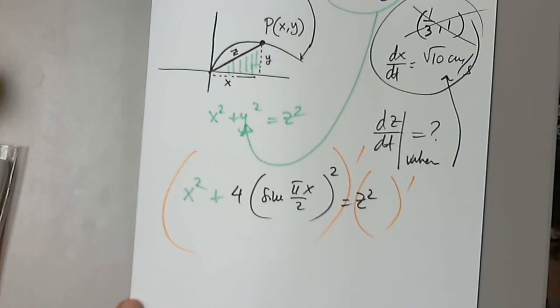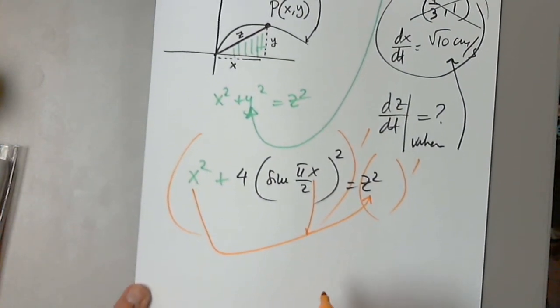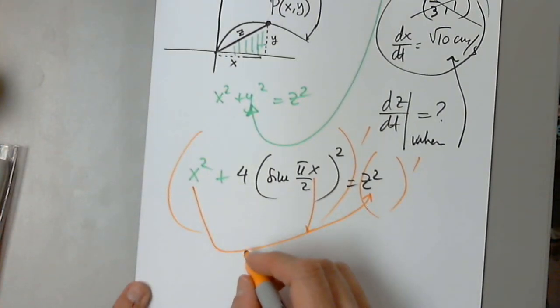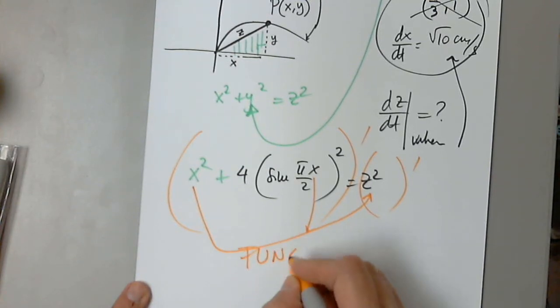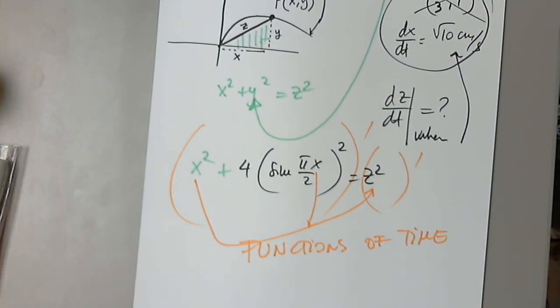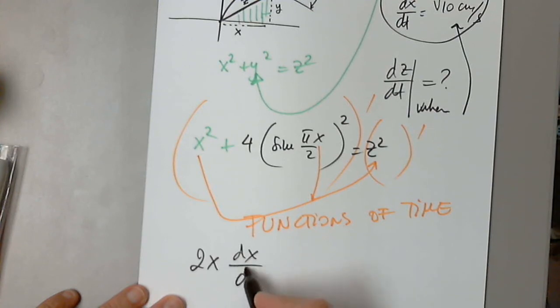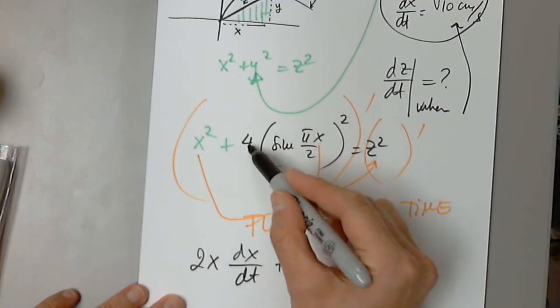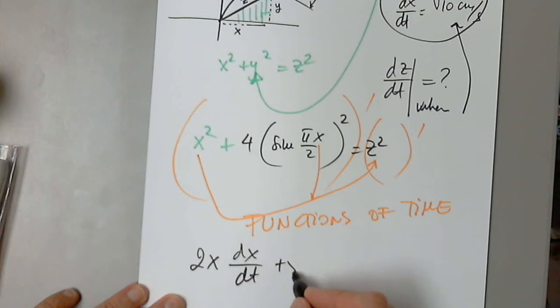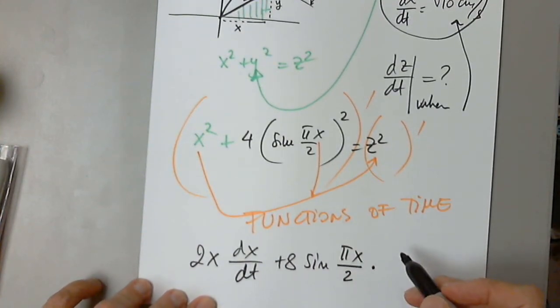The left-hand side. Remember, x and z and x are what? Good. I'm ready when you are. Excellent. Plus 8 times sine, or pi over 2 times x. Careful.